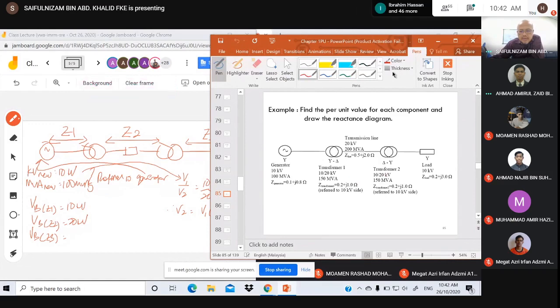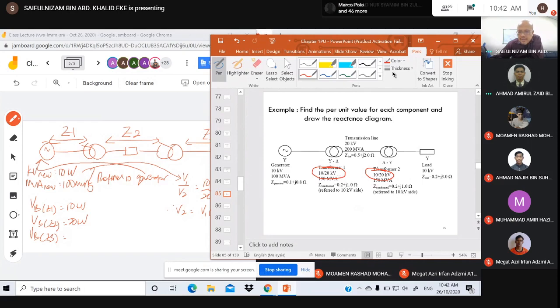You see here, 10, 20. So you can swap, right? Because this is secondary 20 kilovolt, meaning that the primary should be rated at 20 kV, which is similar to the secondary of T1.